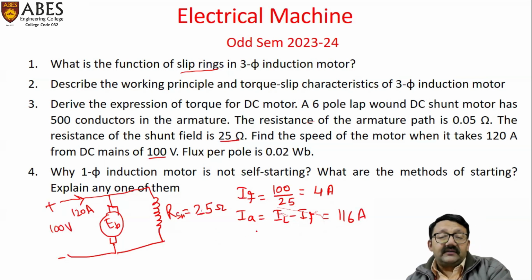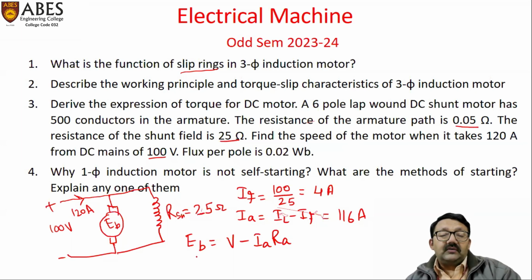Now, as the armature current is available, we can easily calculate the value of back EMF EB by using the relation V minus IA RA. IA we have already calculated, and the armature circuit resistance is given. Its value is 0.05.